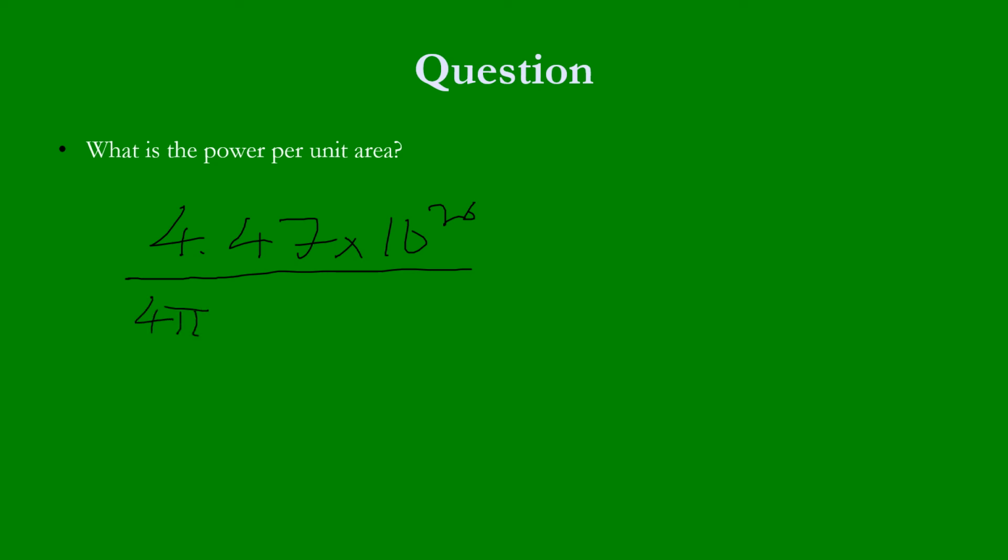So 4 pi times 6.96 times 10 to the 8, that needs to be squared. Gives us a value of 7.34 times 10 to the 7 watts per meter squared.